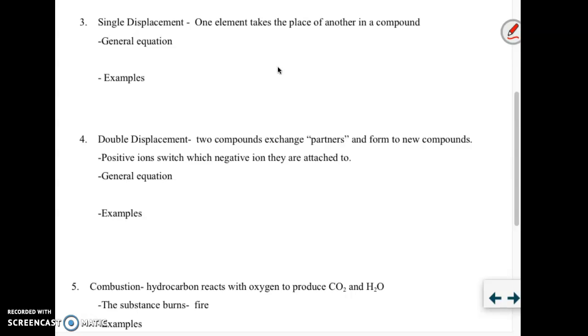All right, single displacement is when one element takes the place of another in a compound. So here you have substance A and compound BC. A is now going to be in the compound, and B is going to be kicked to the curb all by itself. So you have something that's single on each side. Here A is single, here B is single. That's why it's called single displacement.